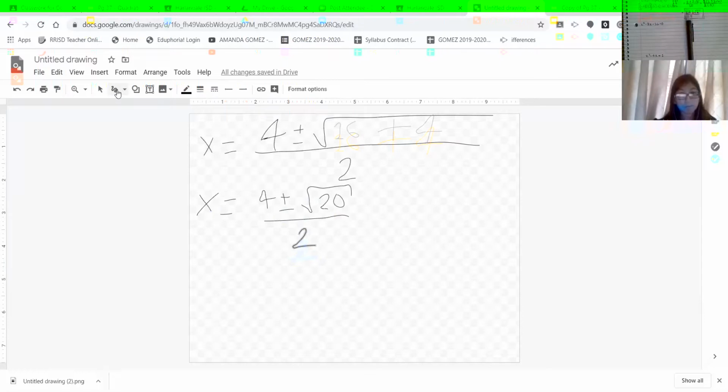Now, let's look at 20. Can I possibly break down that 20 into a perfect square, kind of like I did with that 24? Yes, well, the easier way, like you had shown, is to try making a list of groups to see what equals 20. Okay, let's do that then. I'll go ahead and do that scratch work right here. So that's 20 and then 1 times 20.